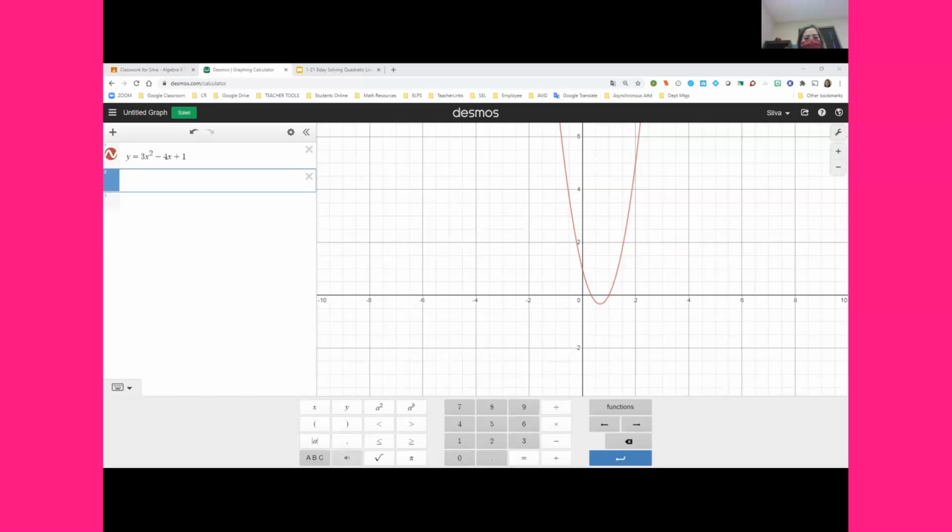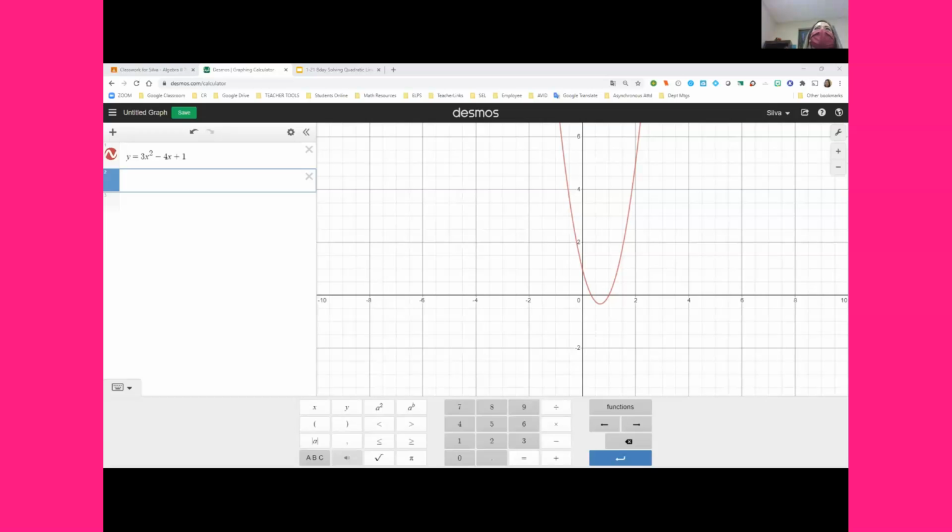Hold on, let me put it back. Okay, there you go. So click on the bottom of that screen on Pear Deck, and it'll take you to Desmos. You can also type in desmos.com and it'll take you to the link. And if you have a phone, there's an app for it, and it'll be way easier for you guys to use it on your phone. You did? Awesome. Okay, I lost my train of thought.